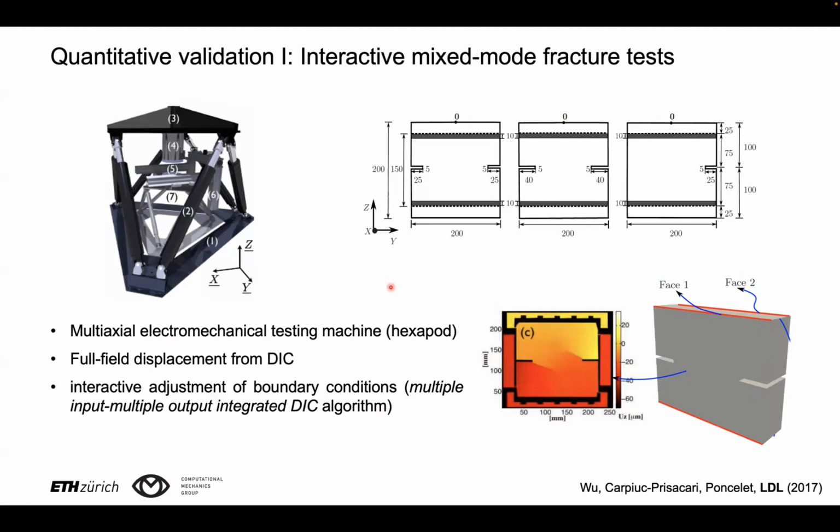I'll show you some curves shortly. And this led to the crack being able to propagate stably and in a quite complicated manner. They did this on the 3 specimens that you see here, with notches of different geometries.